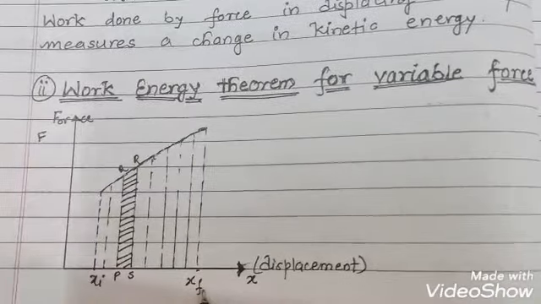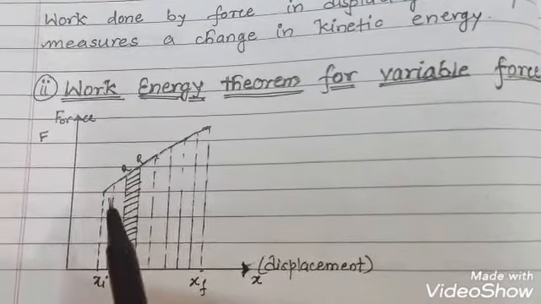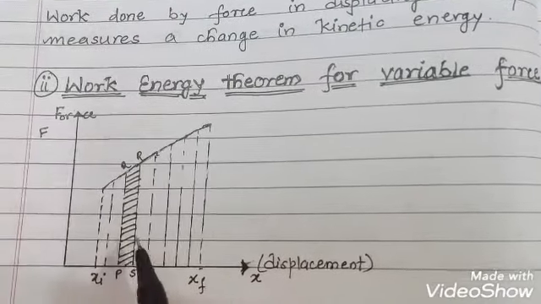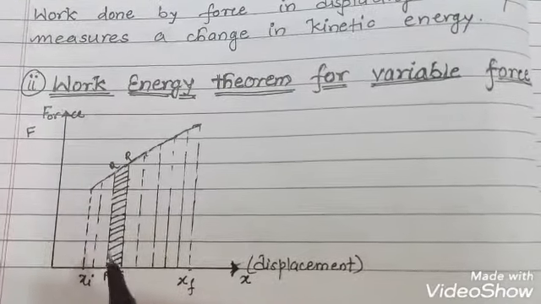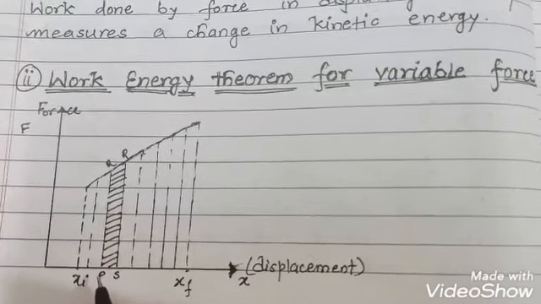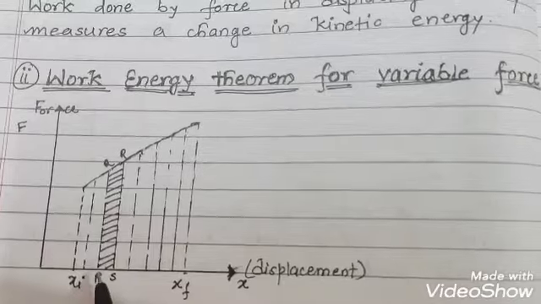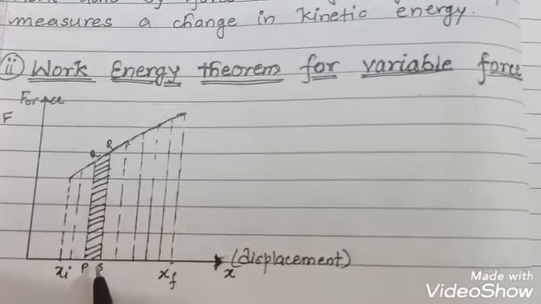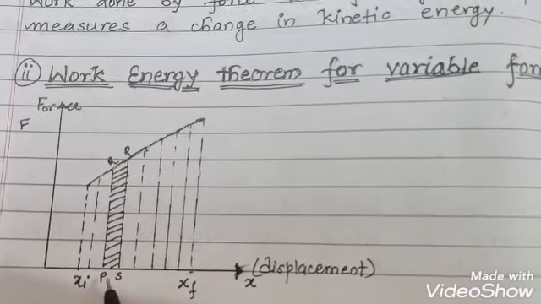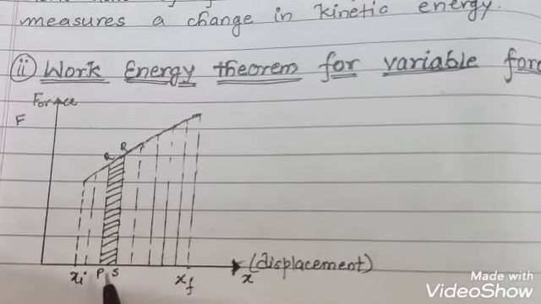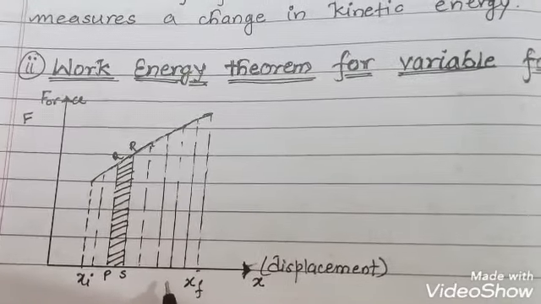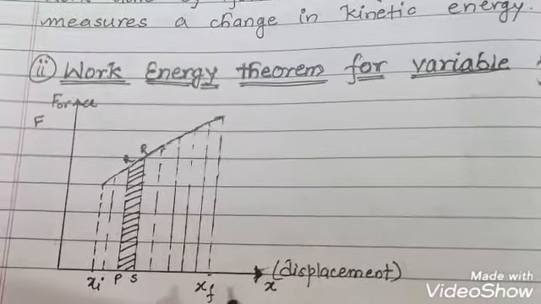Here we have divided the graph into many rectangular strips, and if we calculate the work done to displace the object from P to S, it is almost the work done for a constant force, and if we integrate this from xi to xf, we get the work done for the variable force.